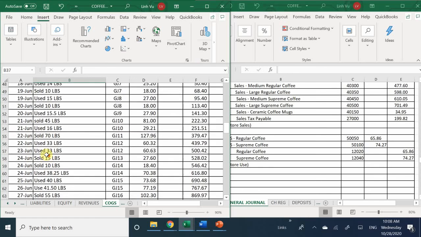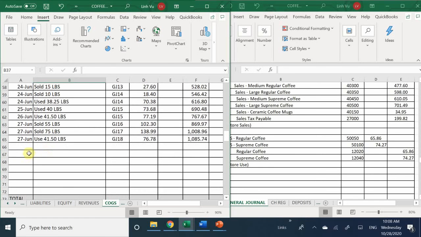Then we go to Supreme. Same time, 40. And we do the same process. Used 40 pounds. There you go. Good.